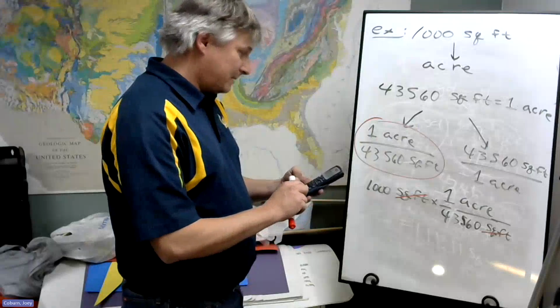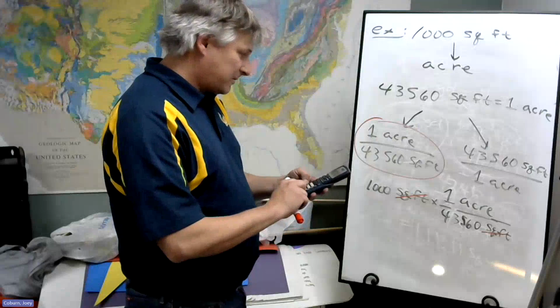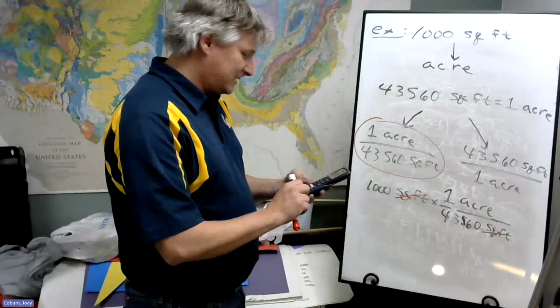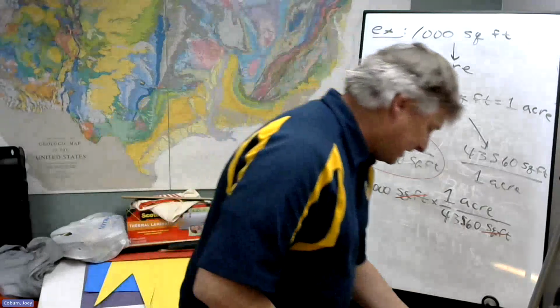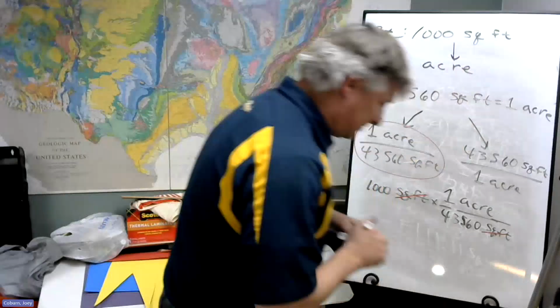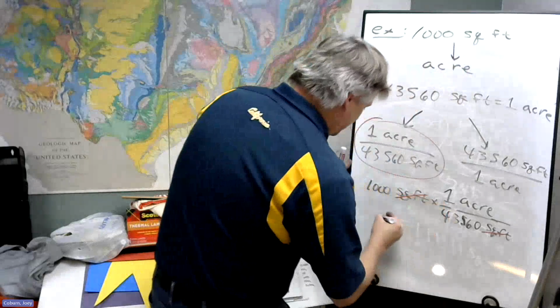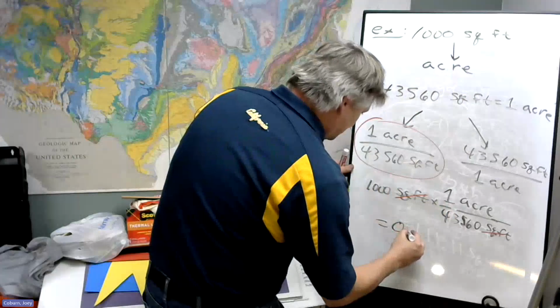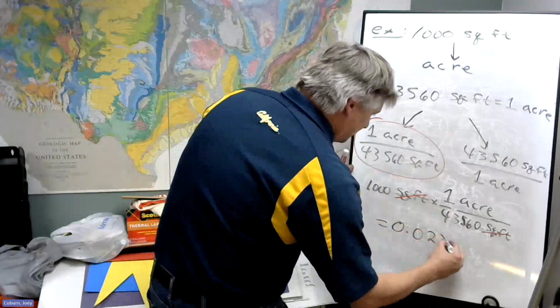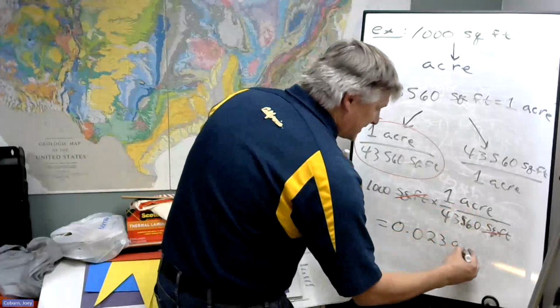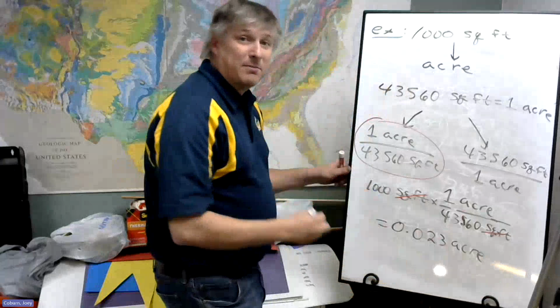I'm going to round this to the thousandth place. Rounding to the thousandth, 0.023, and then we attach acres because that's the unit that remained.